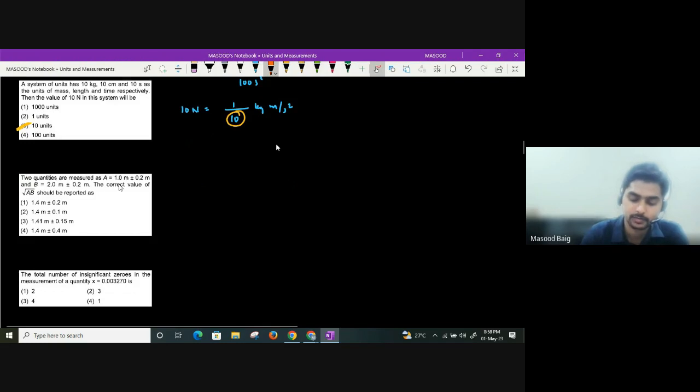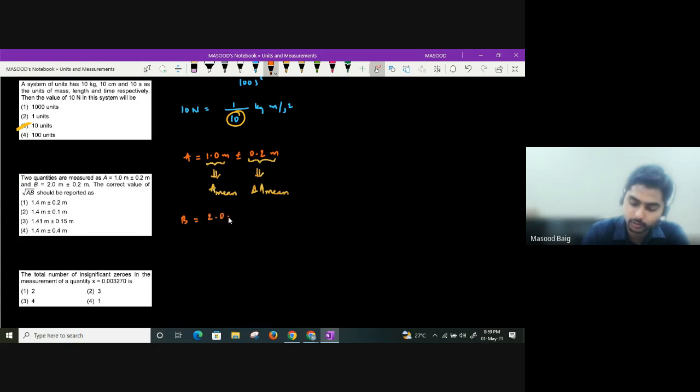Two quantities are measured. What is the correct value of root AB? So A is given as 1.0 meter plus or minus 0.2 meter. So from this, what I can say, beta? This 1 meter is our mean value of A, and 0.2 meters is our mean absolute error in the measurement of A. Similarly, B is given as 2.0 meter plus or minus 0.2 meter.